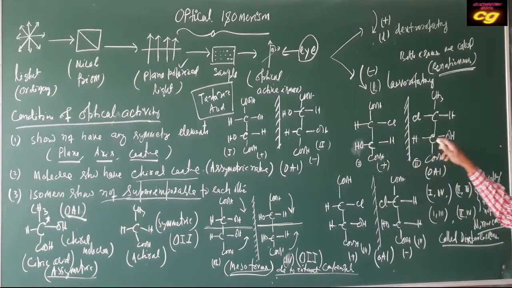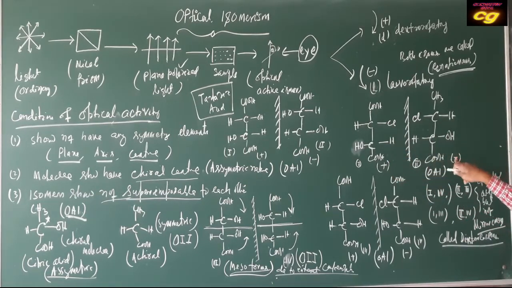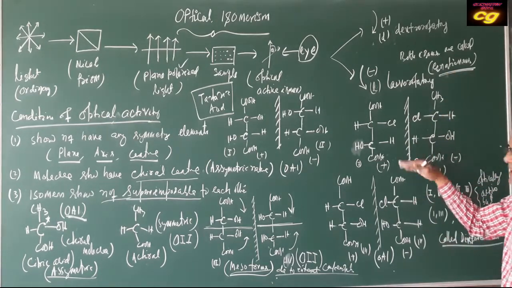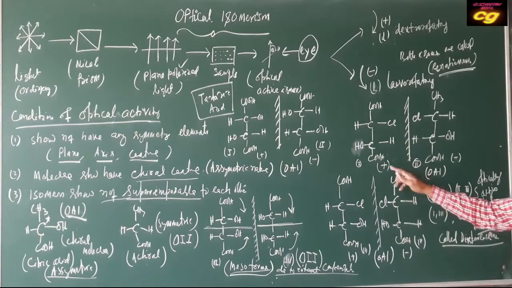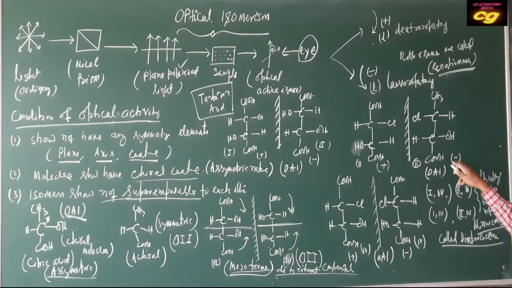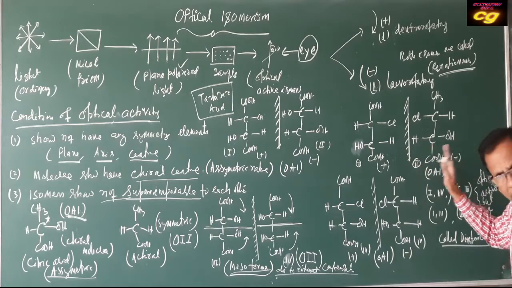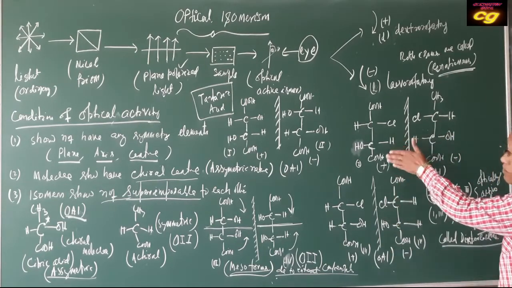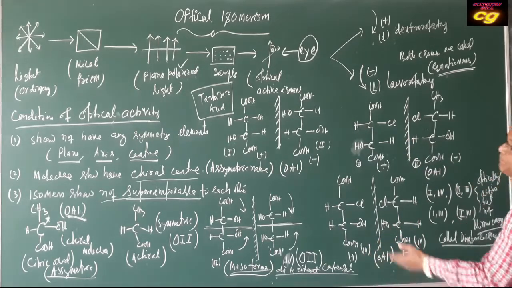A plus and minus isomer are called enantiomers. Both are called enantiomers because they are optically active and mirror images. Plus means dextro, minus means levo. But you see the different arrangement of this molecule.